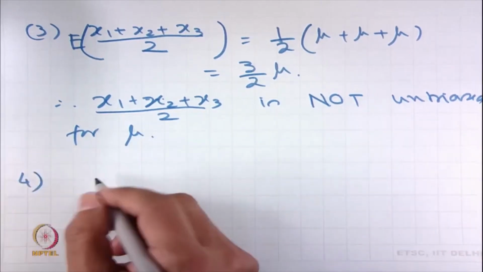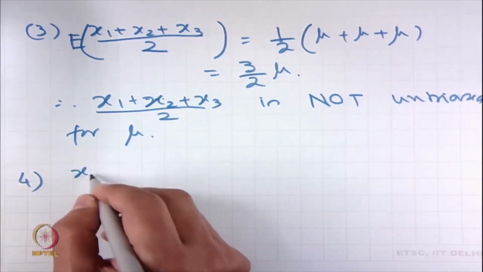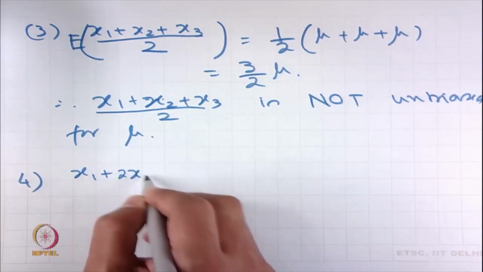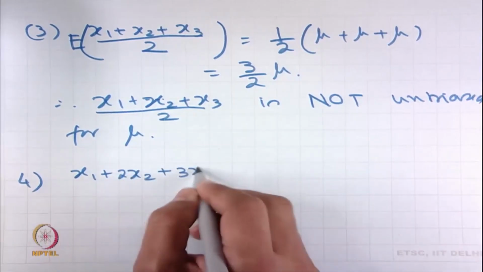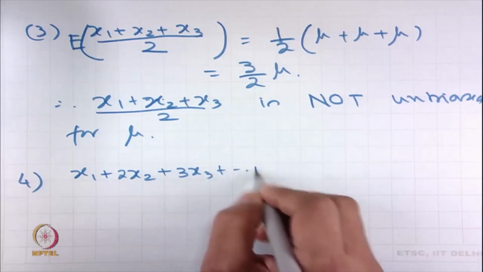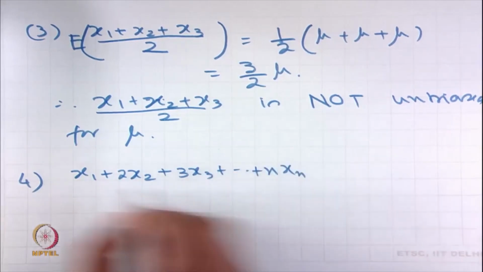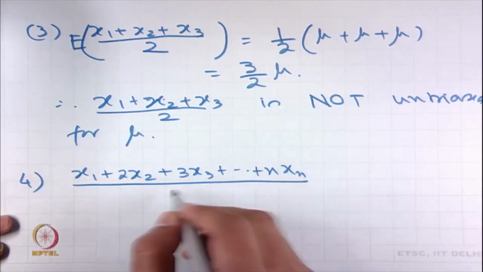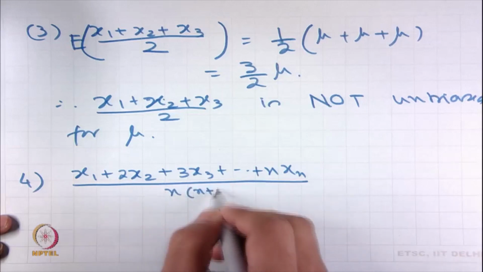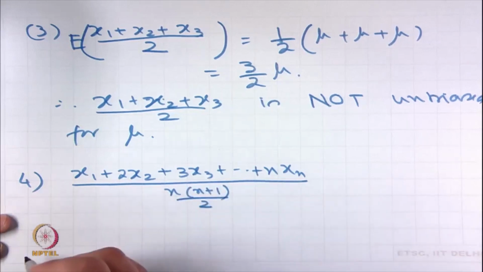Number 4, (x1 + 2x2 + 3x3 + ... + n xn) divided by n(n+1)/2.